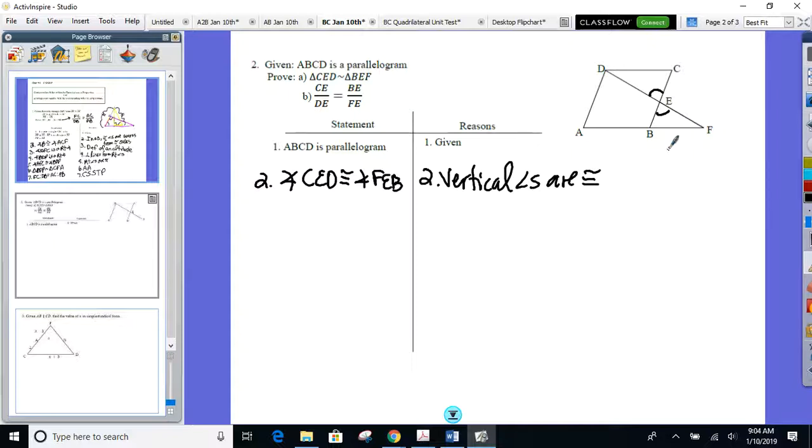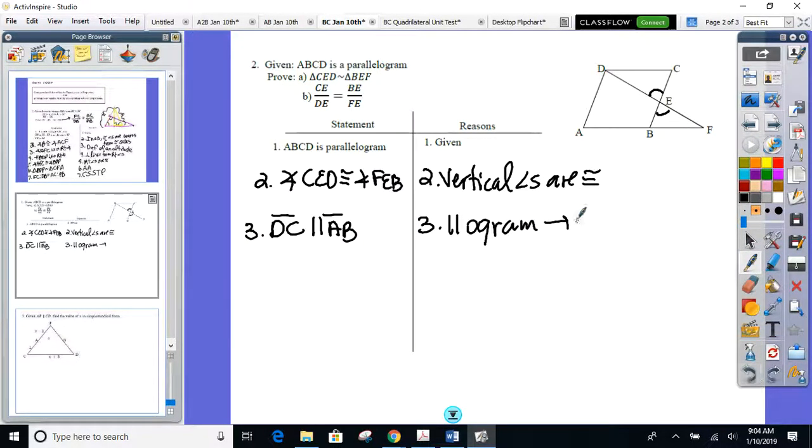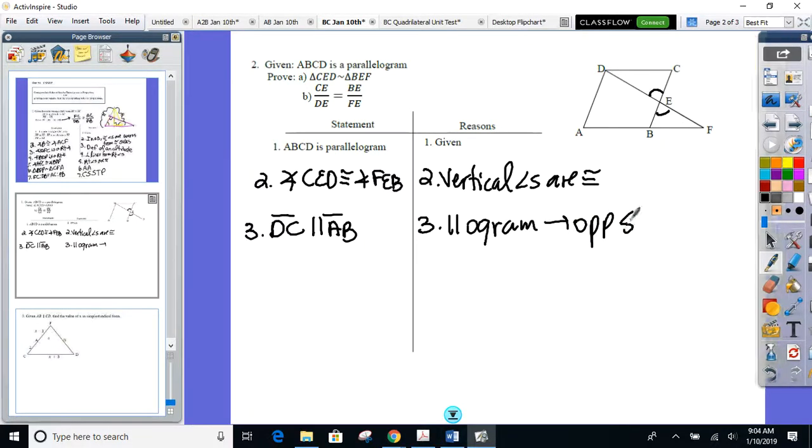You got to tell me what about the lines before they become congruent. They're parallel. So, yep, first thing we could say is yes, DC is parallel to AB because this is a parallelogram, and that implies opposite sides parallel. A lot of review here.